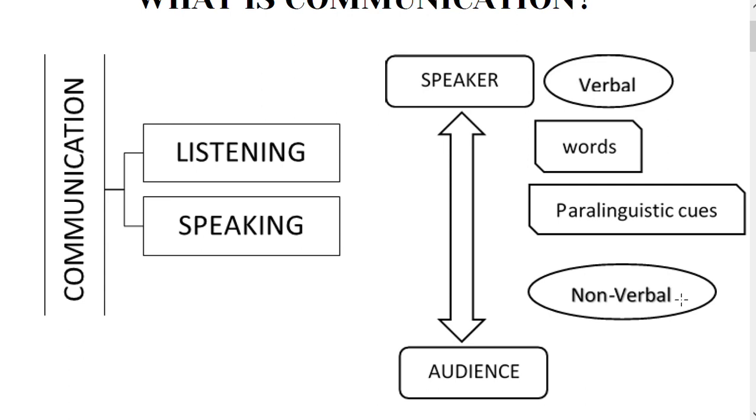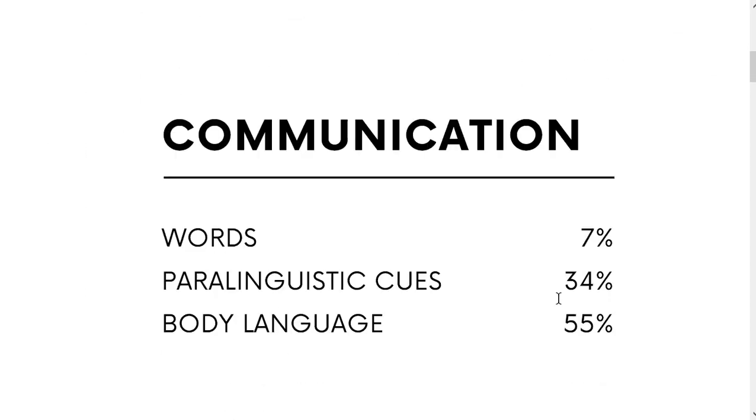And when feedback is given, it also involves the words and the paralinguistic cues, which is the verbal communication. Now, communication is effective with body language at 55%. People look at the use of body language to understand information. Then you have paralinguistic cues at 34%, and then words at 7%.